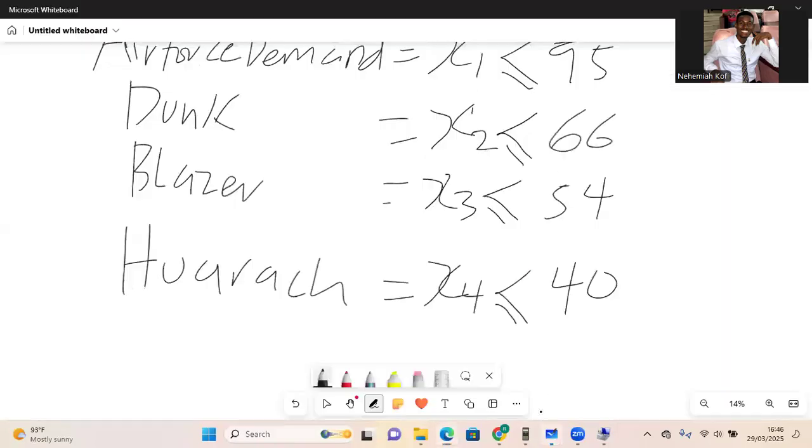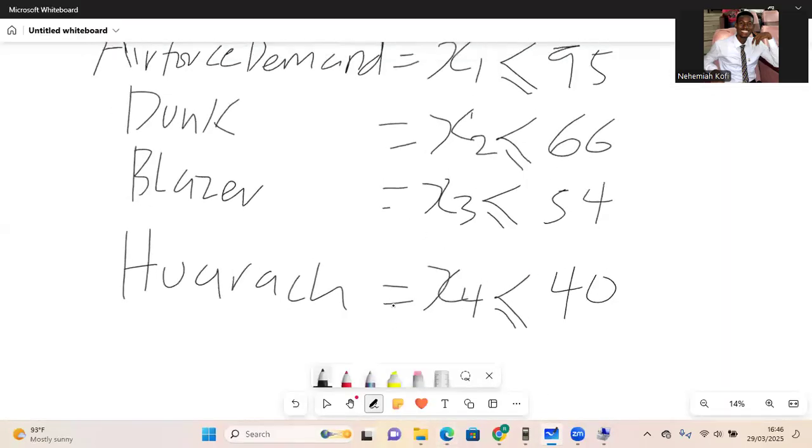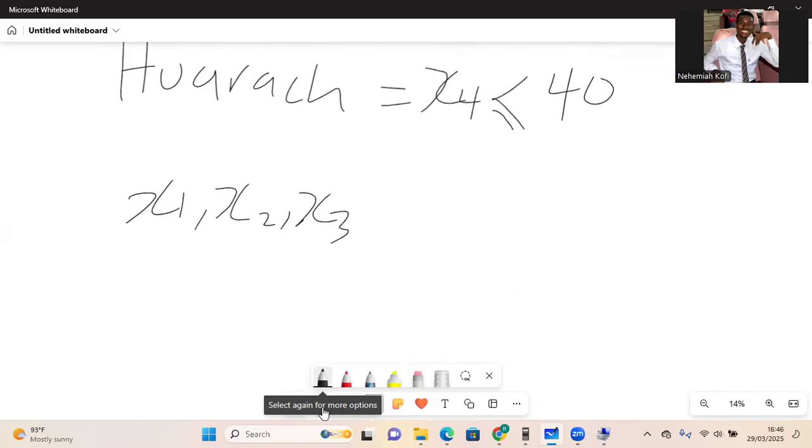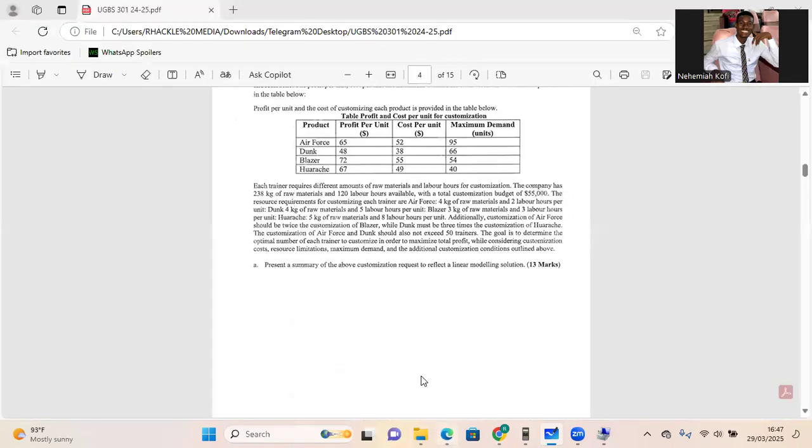So just the same thing. Now you can add your non-negativity constraint, which says that x1, x2, x3, x4 is greater than or equal to 0. Then you are done with the first part, which is A.